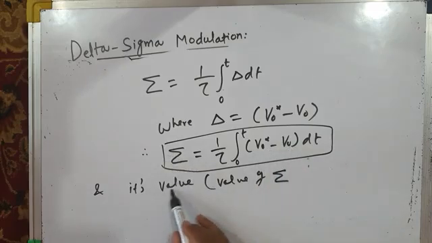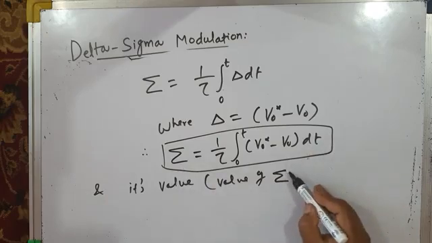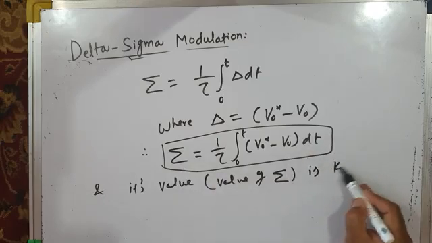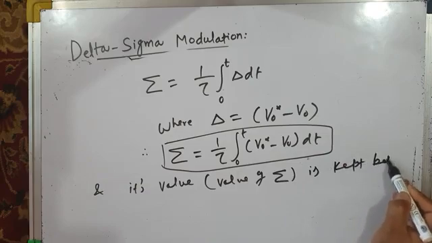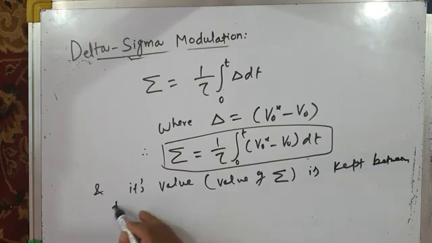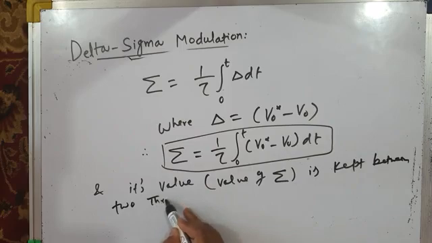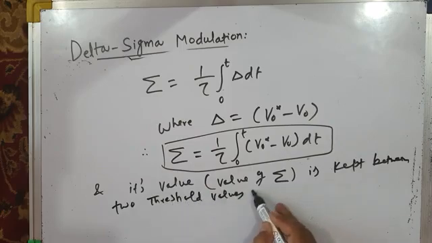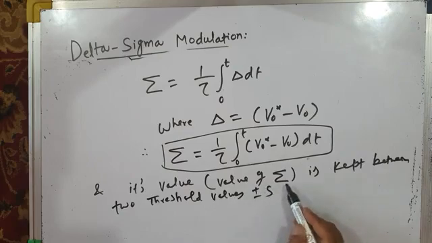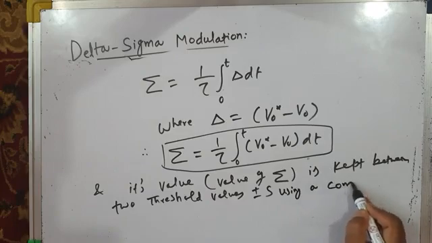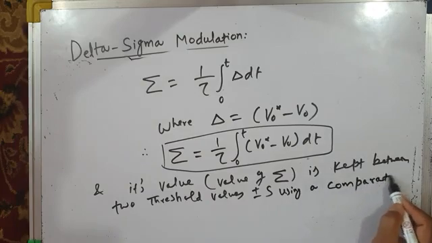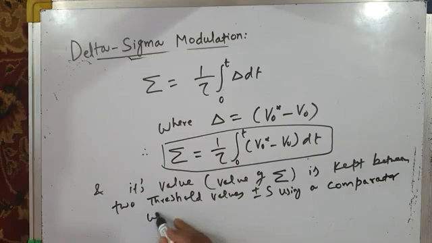The value of sigma is kept between two threshold values. Let us call those threshold values plus s and minus s, using a comparator with hysteresis, just like in hysteresis current control.